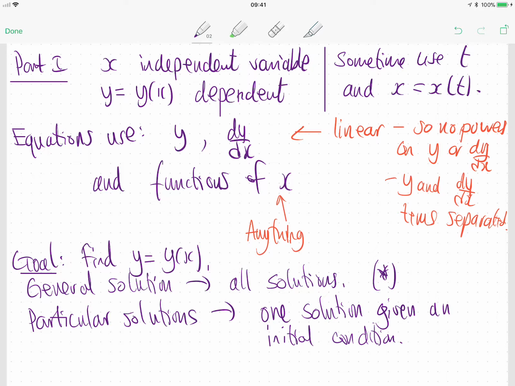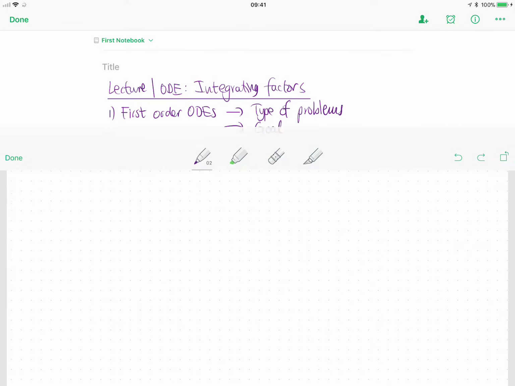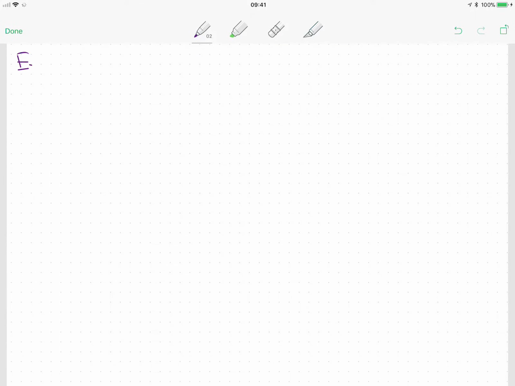Okay, so how do these problems appear? What do they look like? Well, let's take a look at some examples. Well, we might have something like this.